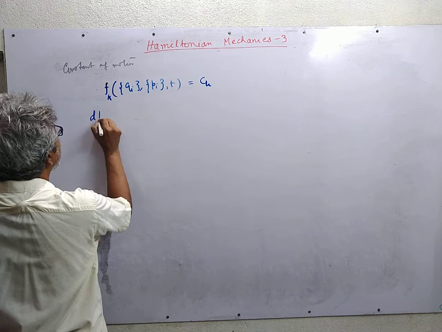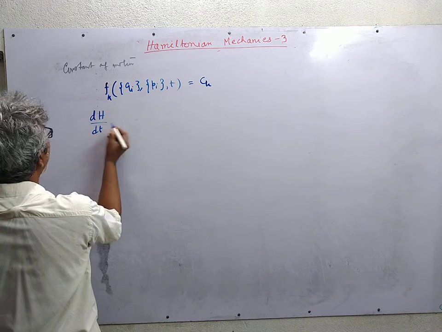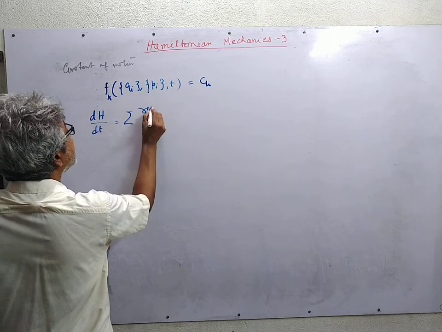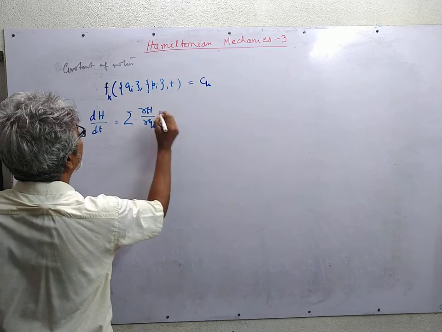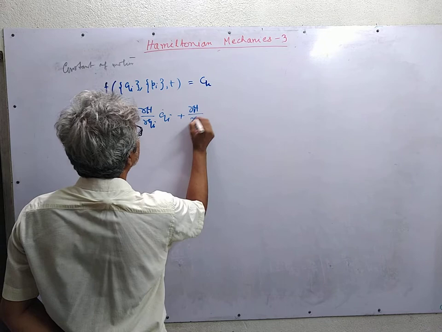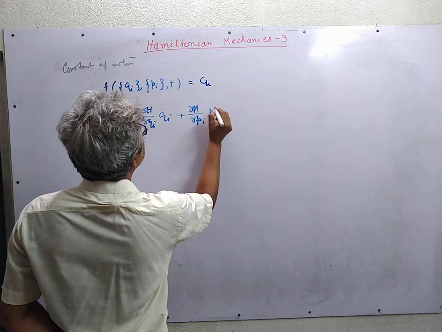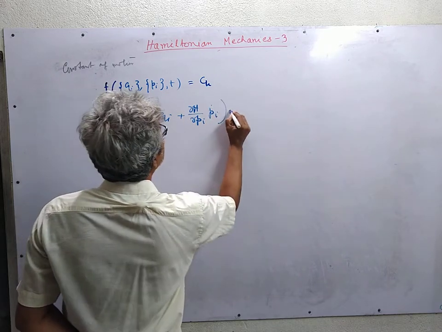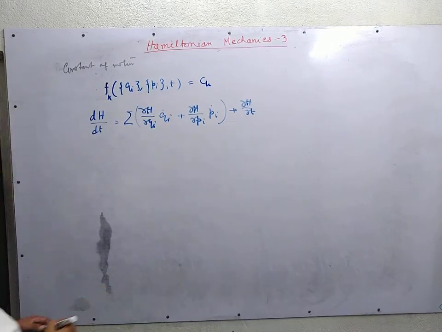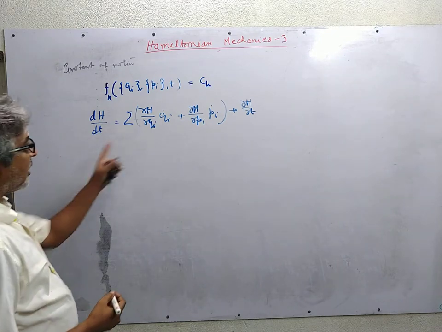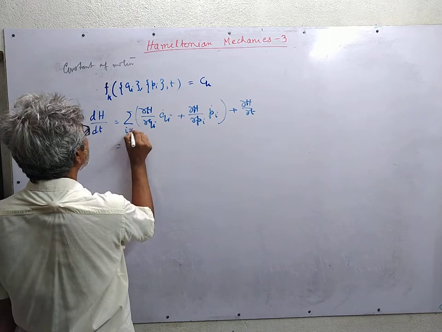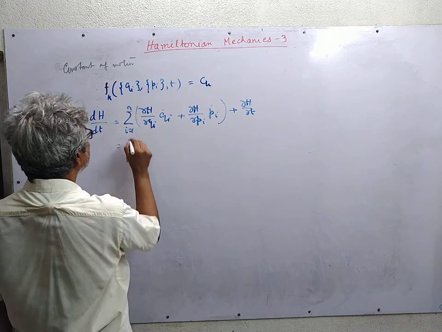The Hamiltonian, as it is a function of coordinates and momenta, we can write dH/dt as the sum over i from 1 to n of del H del q_i times q_i dot, plus del H del p_i times p_i dot, plus del H del t.